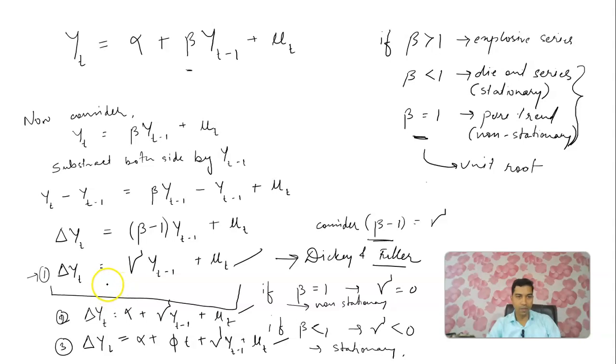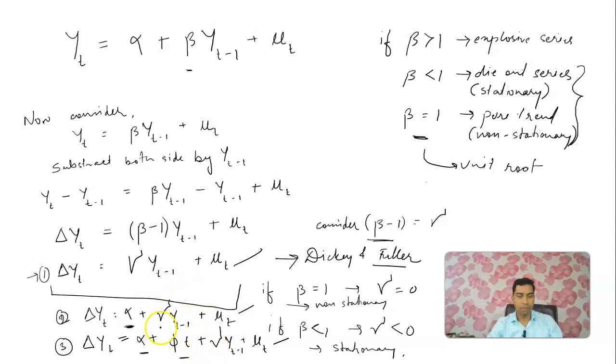Now in the first equation, there is no intercept or drift component, and no trend component, time component. In the second equation, you have the intercept, but you don't have the time component. In the third equation, you have the drift or intercept and the time component.